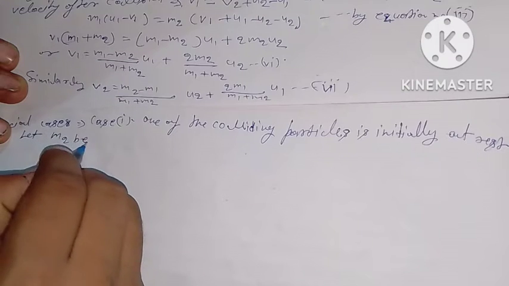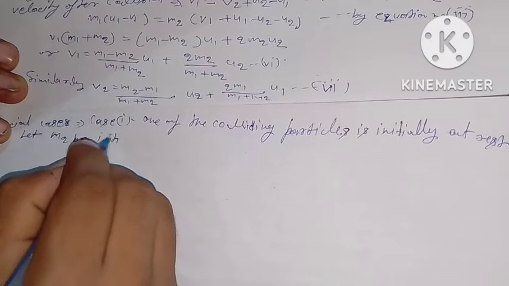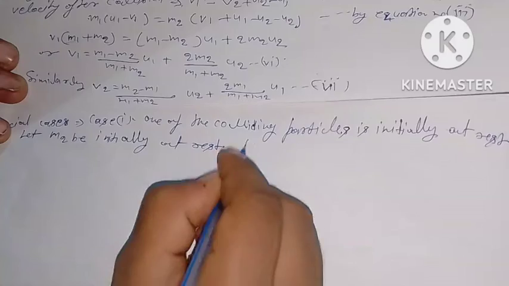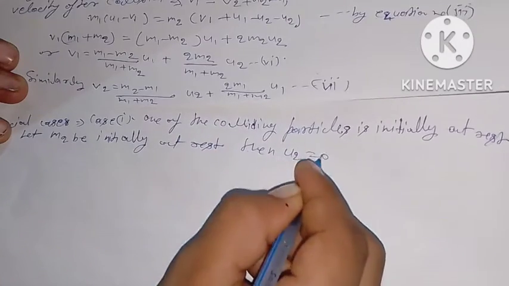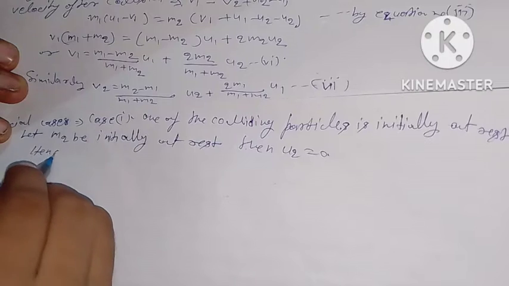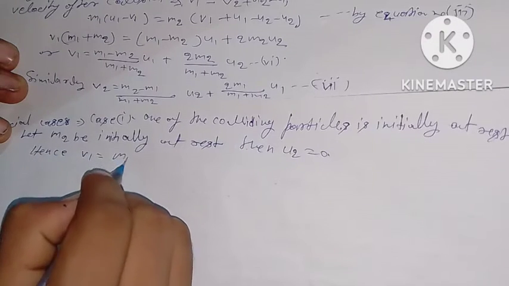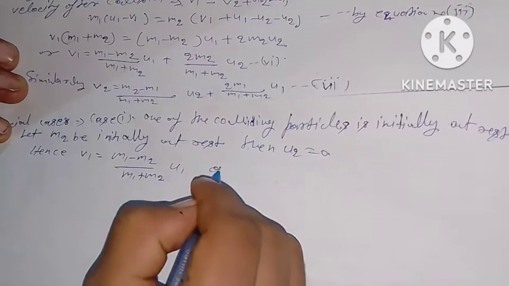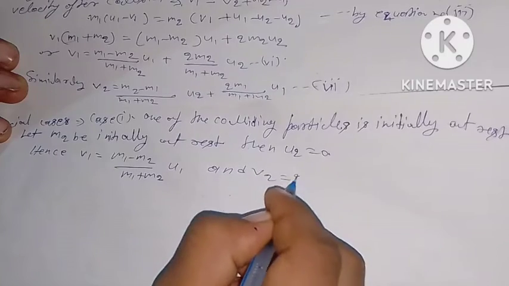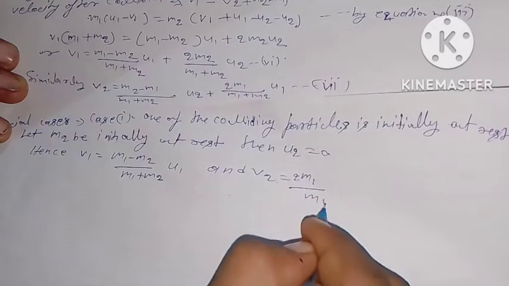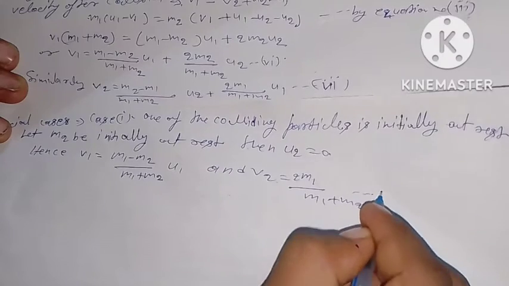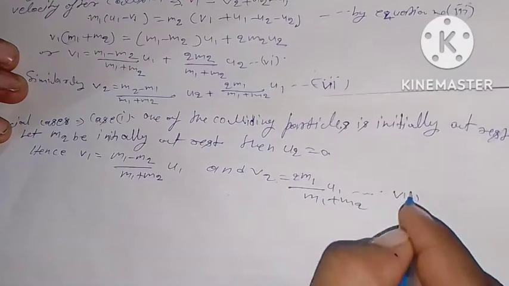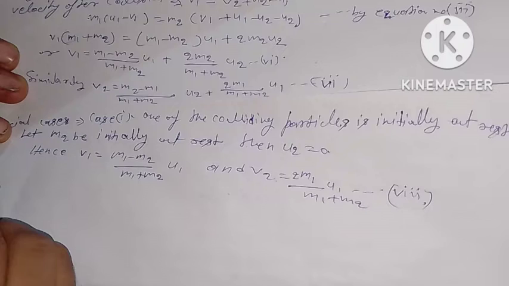Let m2 be initially at rest, then u2 equals 0. Hence v1 equals (m1 minus m2) upon (m1 plus m2) times u1, and v2 equals 2 m1 upon (m1 plus m2) times u1. This is equation number 8.